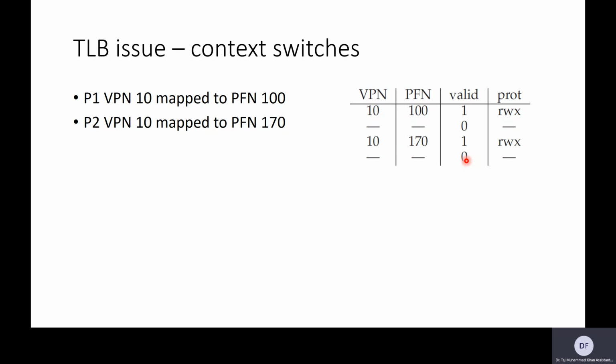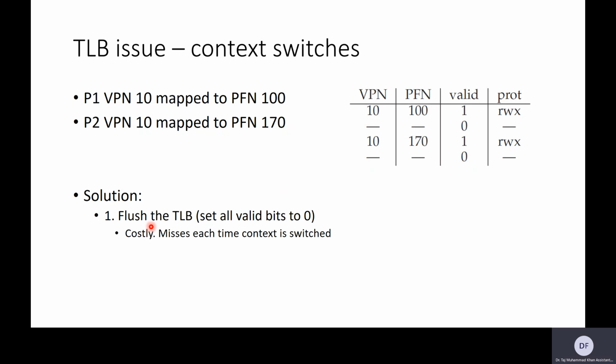We simply invalidate all entries, and the new process will build its TLB entries from 0 after a lot of misses. We call this flushing the TLB. It is costly, as I just explained. Another solution is to use these address space ID bits inside each table entry.